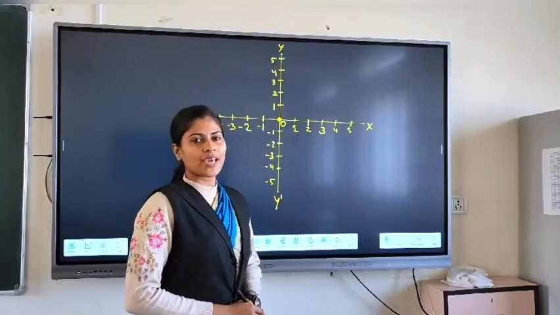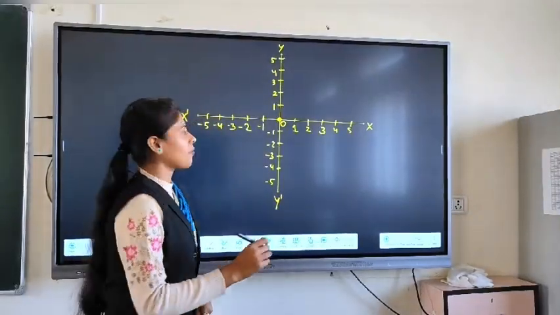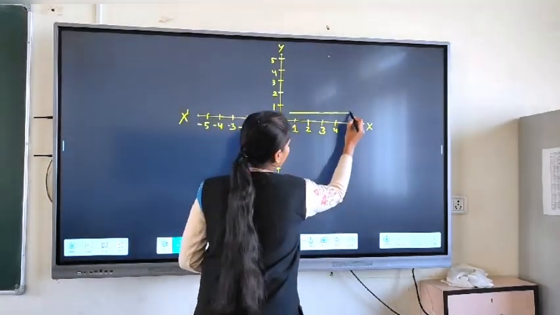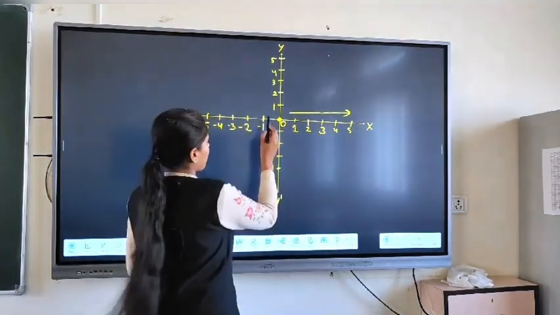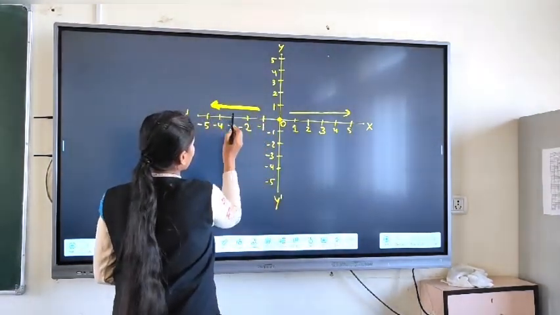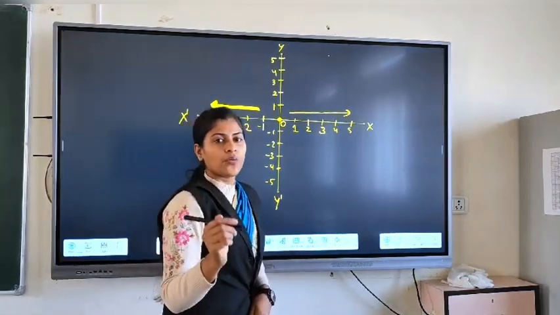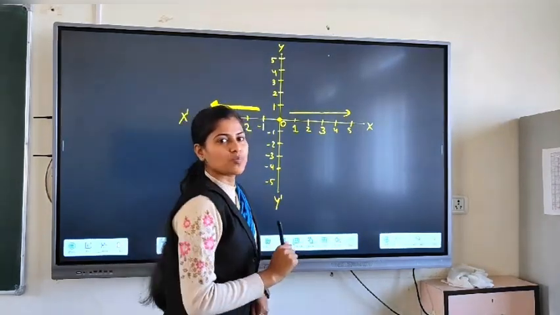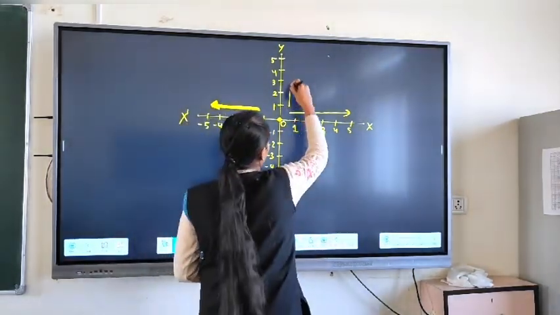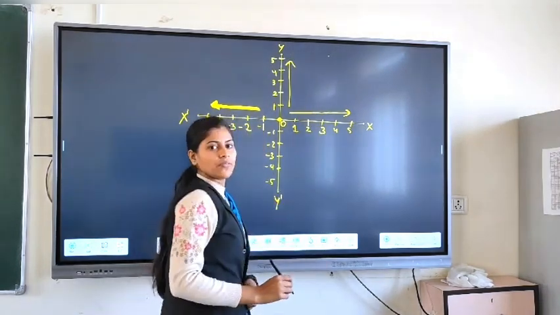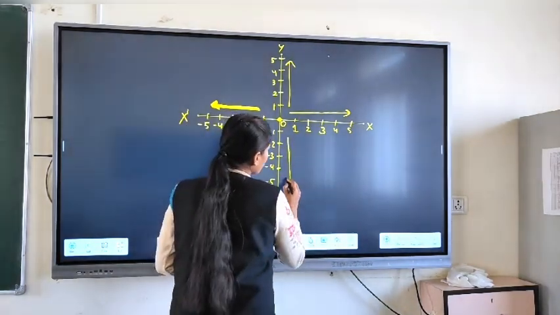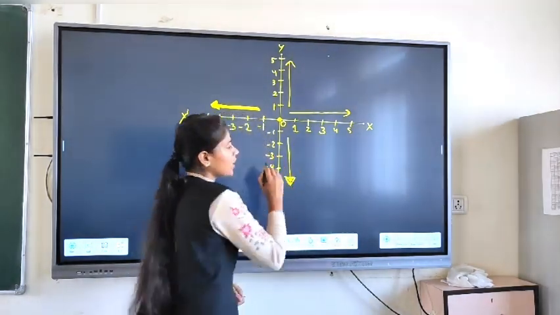For distance along x-axis, positive values are measured to the right side of the origin and negative values are measured to the left side of the origin. And for distance along y-axis, positive values are measured in the upward direction and negative values are measured downward from the origin.